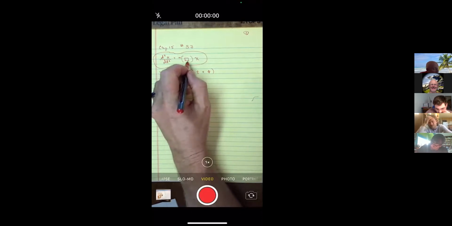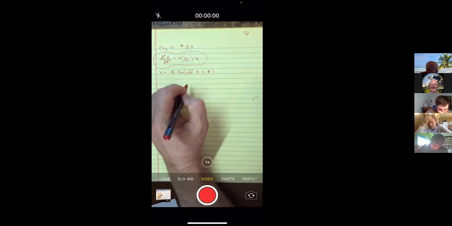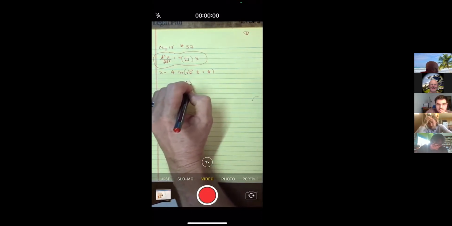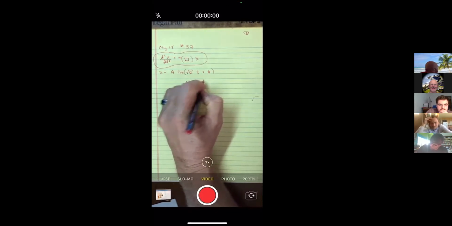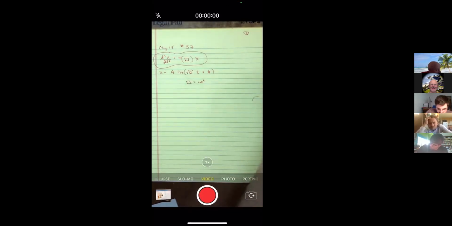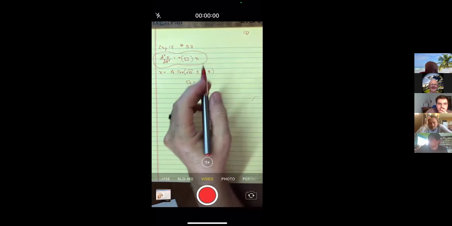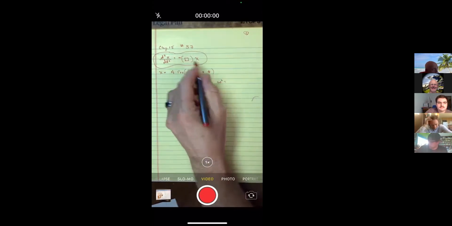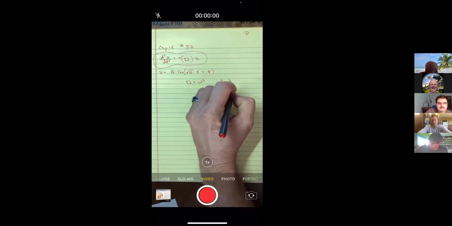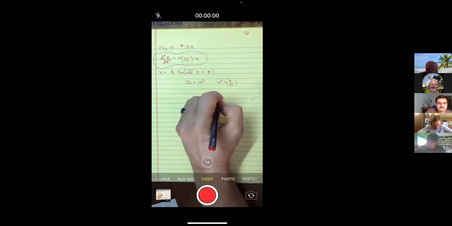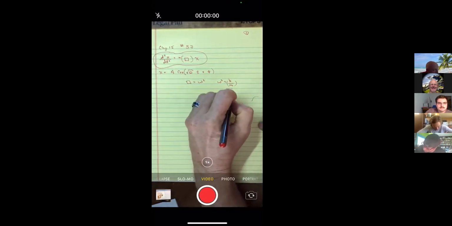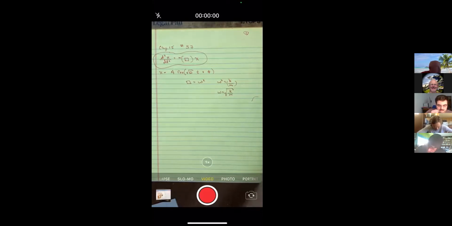And this little box, the square root of that, is what we're calling omega squared. When we did a spring, we got the spring constant and the mass, and so we just said omega was the square root of k over m. That's the first one we did.